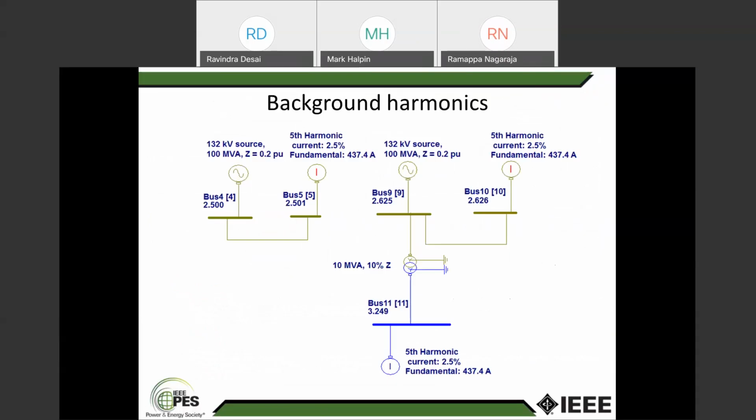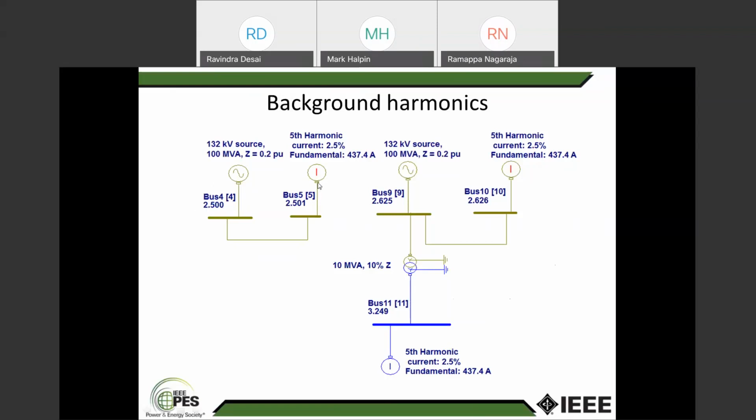Next thing we need to talk about is background harmonics. Assume that there is a 132 kV source, 100 MVA, impedance is 0.2 per unit, the fundamental frequency impedance is about 0.2 per unit. Fifth harmonic current, if at all you tell that in this grid, there is a background harmonic of 2.5, already the voltage harmonic distortion of 2.5% is available.